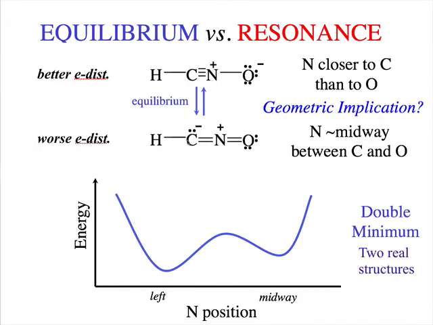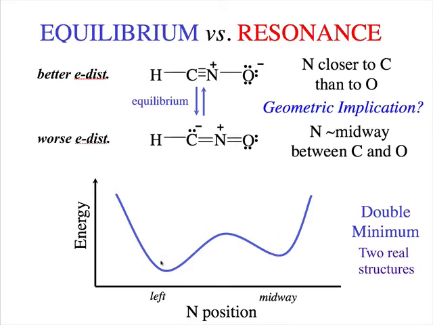So what I've drawn here is a double minimum, right? We've got a global minimum down here, but we've also got another local minimum up here. We've got 2 minima, and in chemistry, that means that we have 2 real structures. So we have a structure here, and as we move the nitrogen over, we get to a new structure.